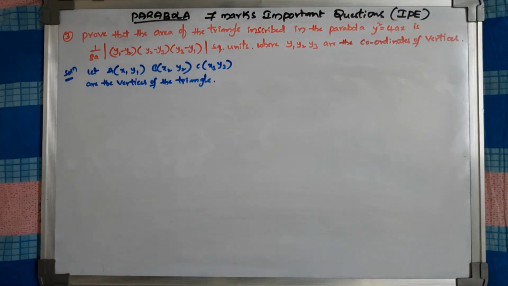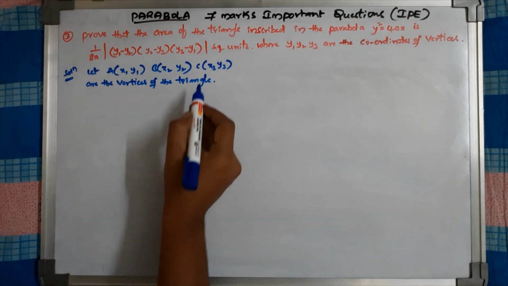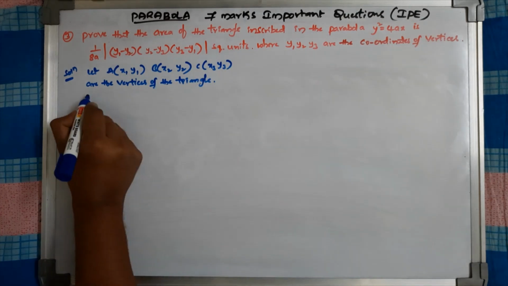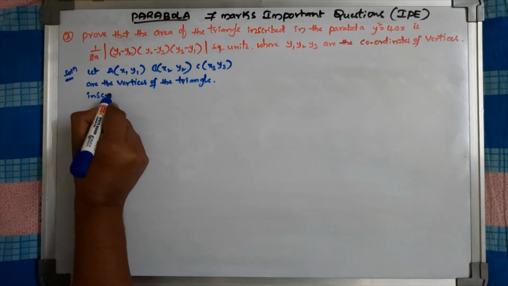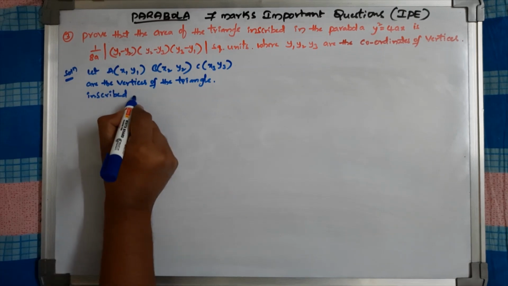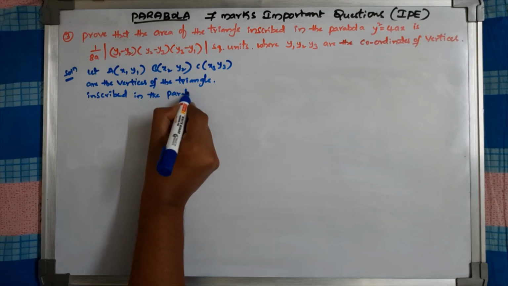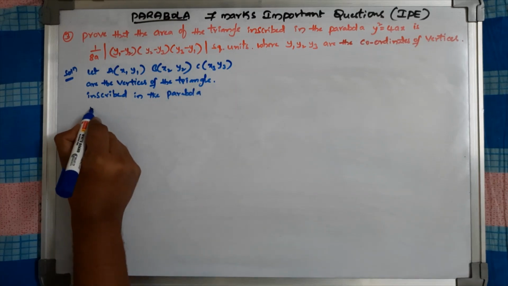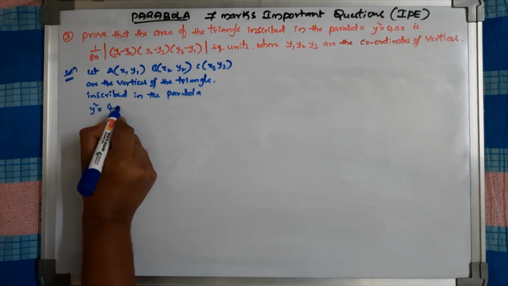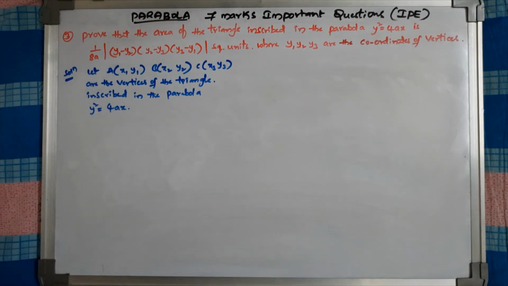Right? It has 3 vertices A, B, C, and the vertices of the triangle which is inscribed in the parabola y square is equals to 4ax.